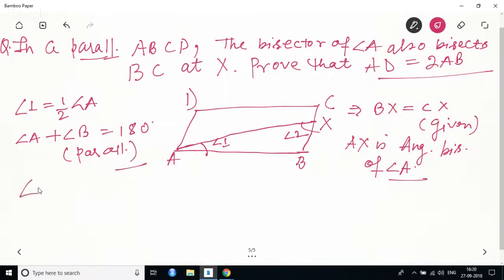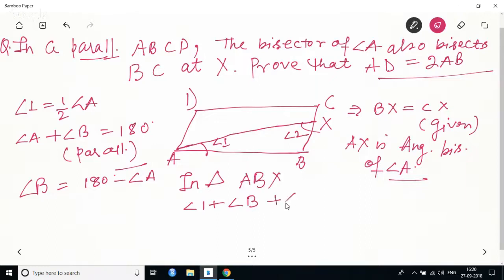So angle B is equal to 180 degree minus angle A. Now in triangle ABX, angle 1 plus angle B plus angle 2 is equal to 180 degree.